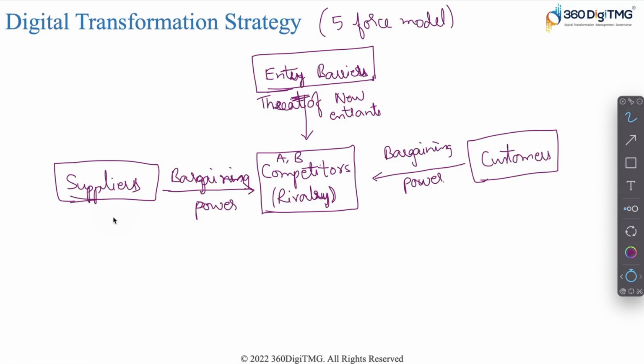But if you build in-house capabilities through your digital transformation journey, then you can reduce the bargaining power of suppliers. So look at this 5-force model as an industry evaluation framework. But while you evaluate it, the solutions you implement, especially in digital transformation, should be aligned to your analysis.